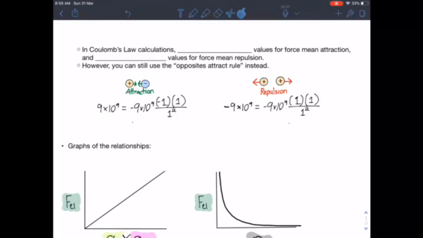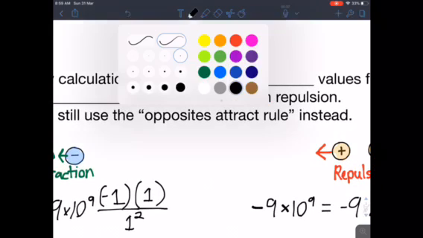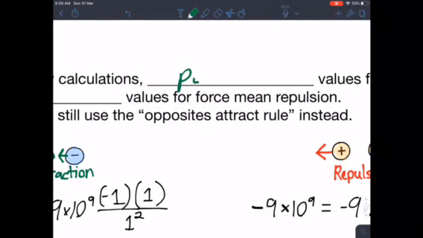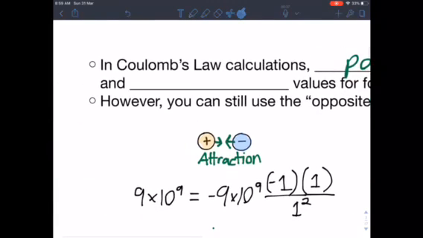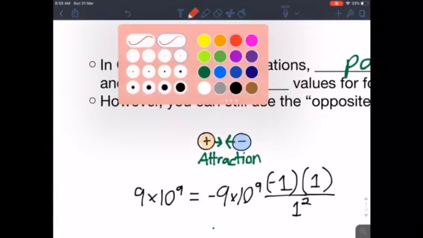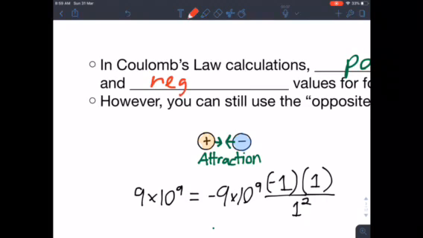Okay, when we're doing a calculation in Coulomb's law, any positive value in that equation is going to represent attraction, and any negative value in that equation is going to represent repulsion.